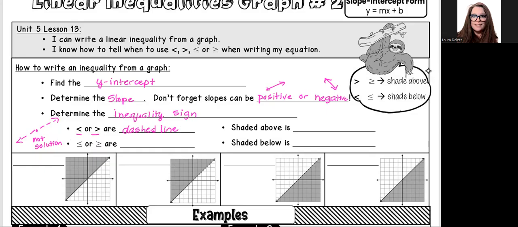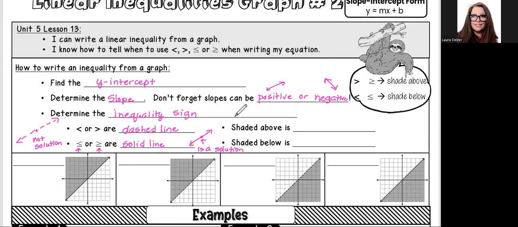That's why they do the dashed line: it's indicating that's not a solution. Now, this is different from the ones that have the equal bars in them. The less than or equals or the greater than or equals are going to be a solid line. The reason it's solid is because when you graph your line, a point can fall straight on it, and that is a solution. So this is a way that people can tell the difference.